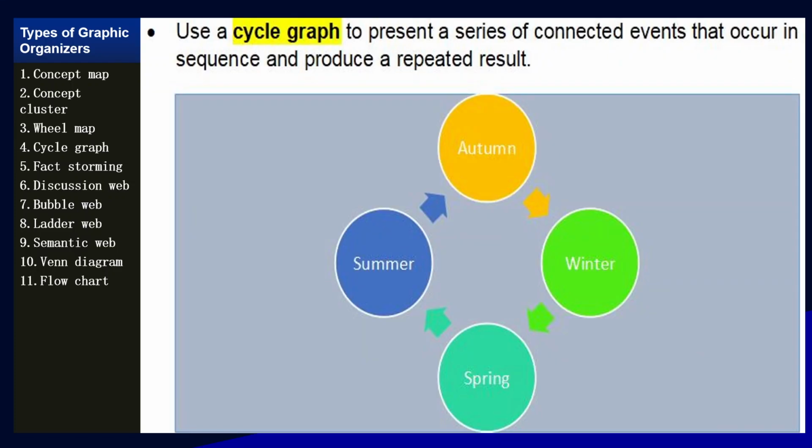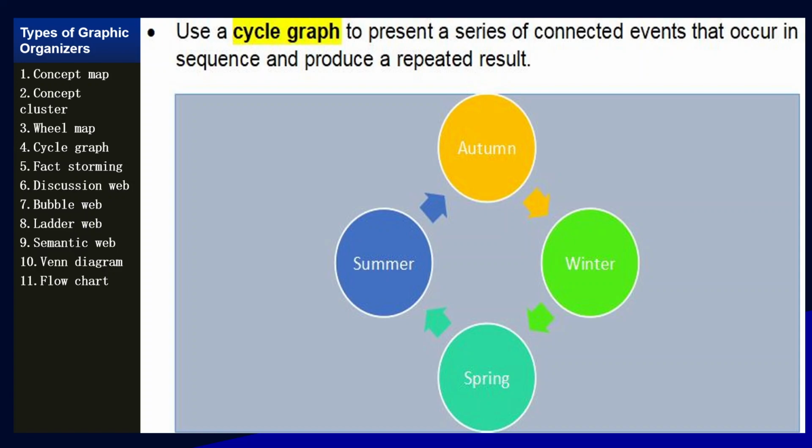Number four is the cycle graph. Use a cycle graph to present a series of connected events that occur in sequence and produce a repeated result. Instead of just talking about the climate or weather cycle, where the teacher would explain various things, the teacher just shows a graphic organizer like a cycle graph.